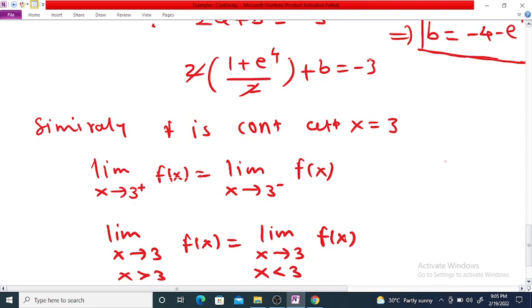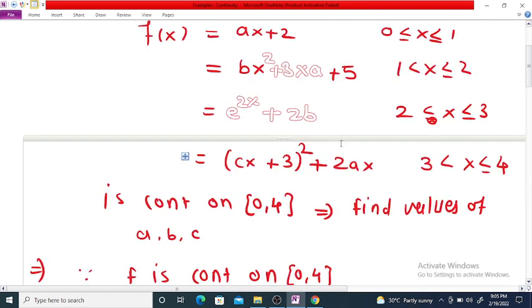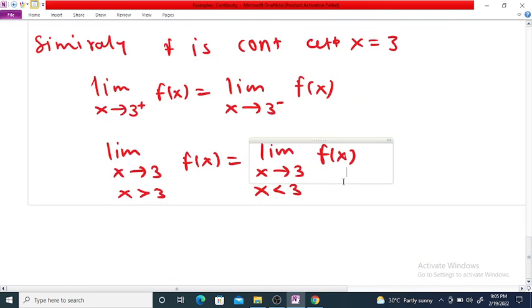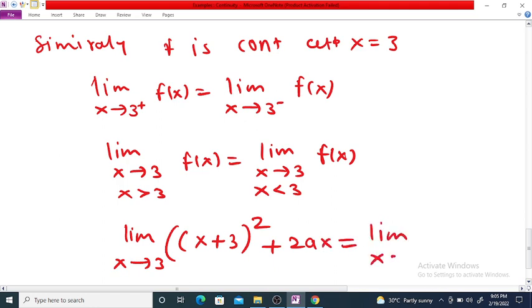Now for x greater than 3 it is cx plus 3 bracket square plus twice ax, is equal to limit x tends to 3 of cx plus 3 bracket square plus twice ax, and for x less than 3 it is equal to e raised to twice x plus twice b.